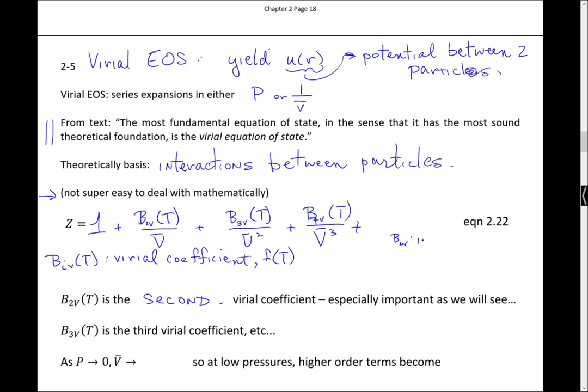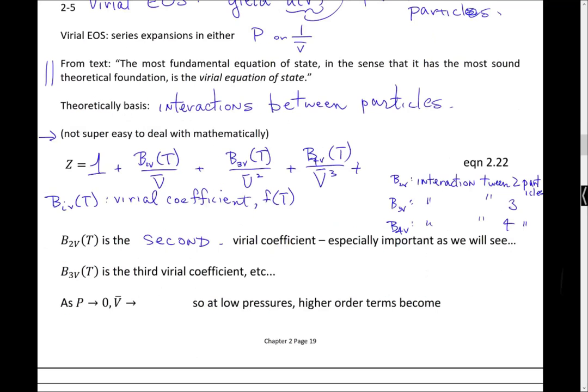So interactions between two particles. All right. B3V reflects interactions between three particles. What do you think B4V is about? Interactions between four particles. Okay?